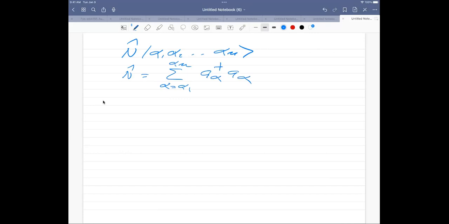What you see now is that every time this acts on a specific state, I just get the state back again.